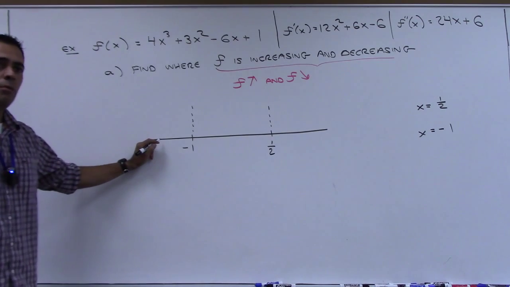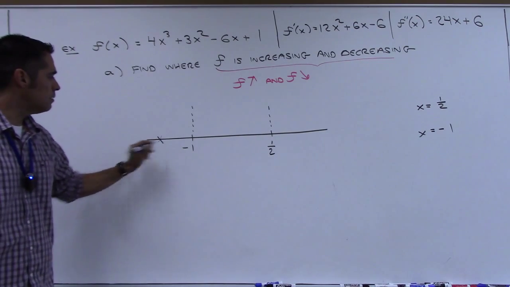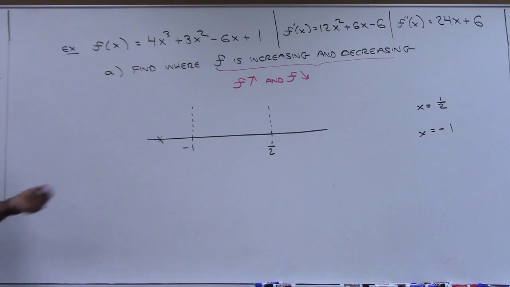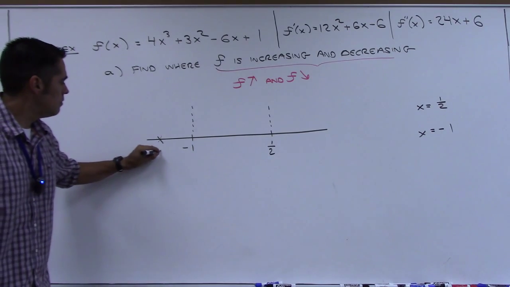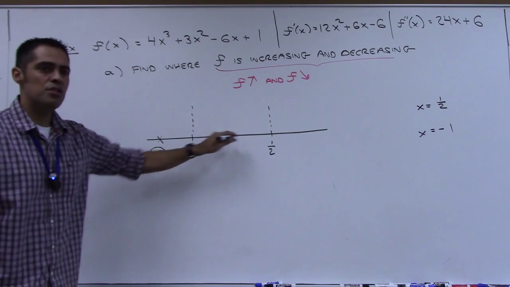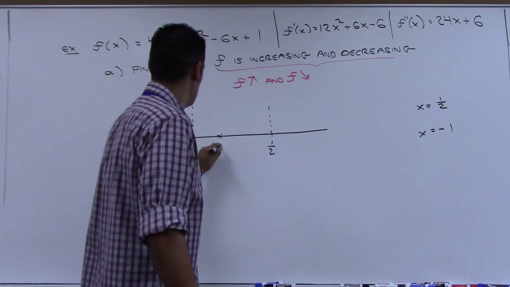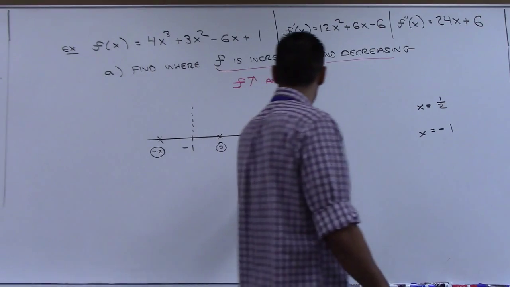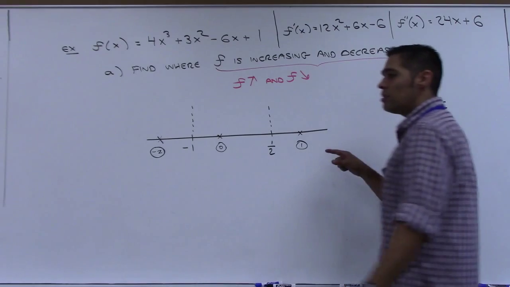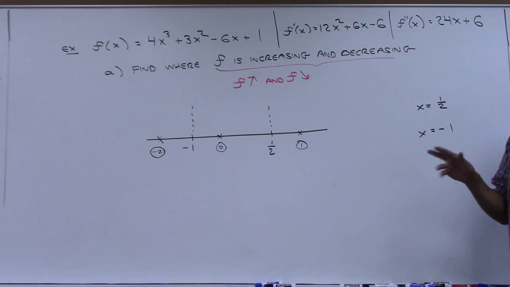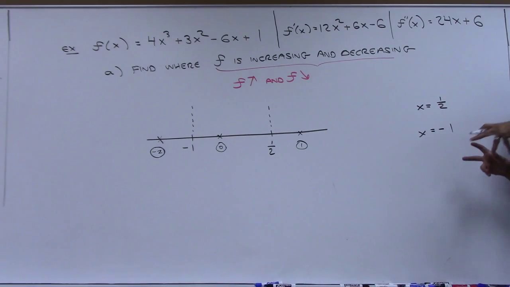So I need to pick what we call a test point, something over here. Any number I want, let's say -2. I need to pick a number between these, 0. I need to pick a number over here, 1. I need to take those test points and plug them into, what are we interested in knowing about?